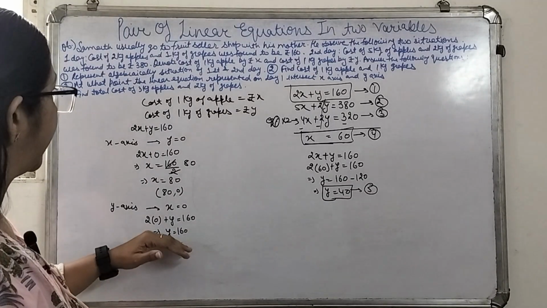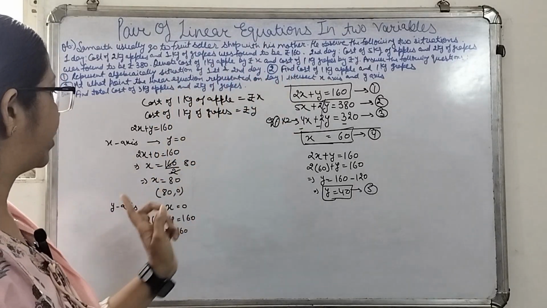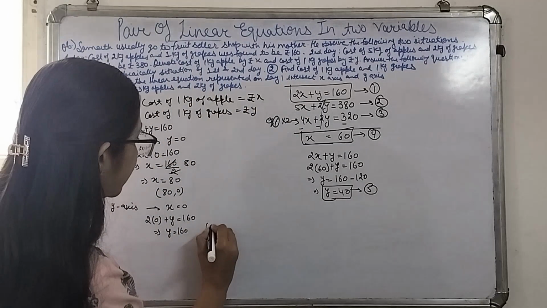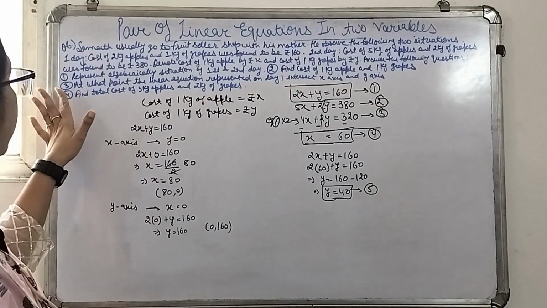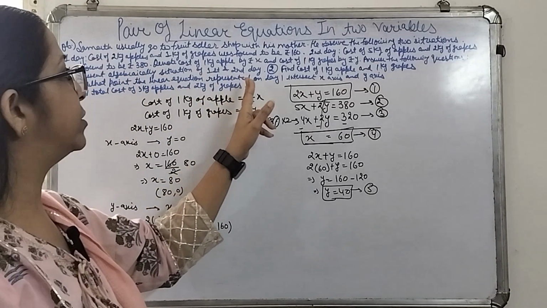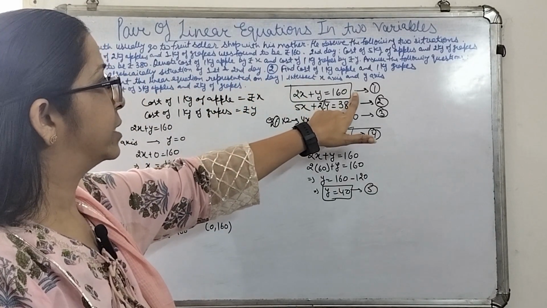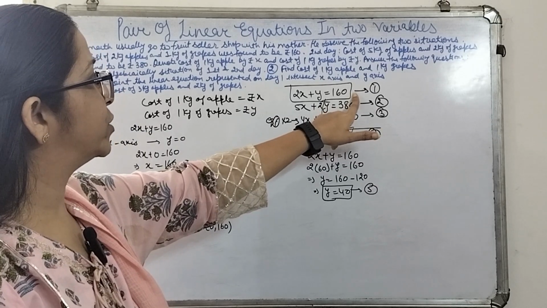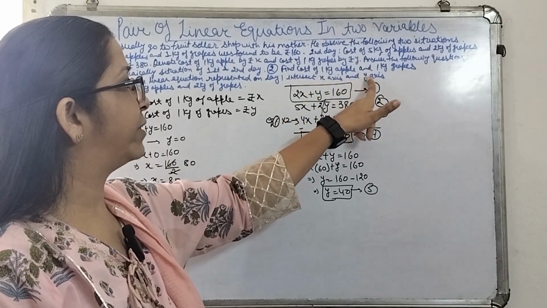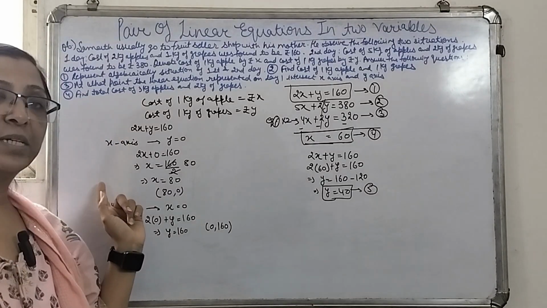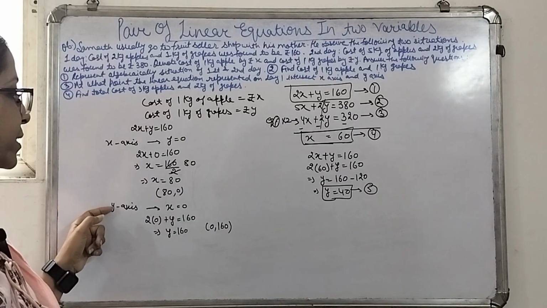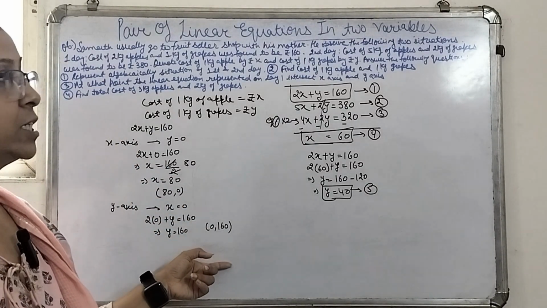That means the point at which this line will intersect the y-axis will be (0, 160). Hope it is clear at what point the linear equation represented on day 1 intersects the axes. If it touches the x-axis, the y-coordinate will be 0. If it touches the y-axis, its x-coordinate will be 0.